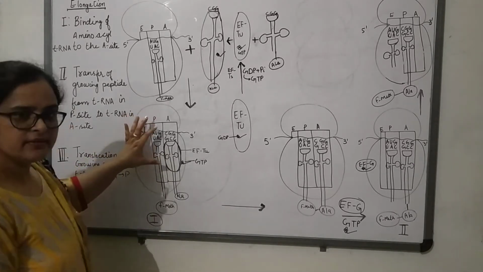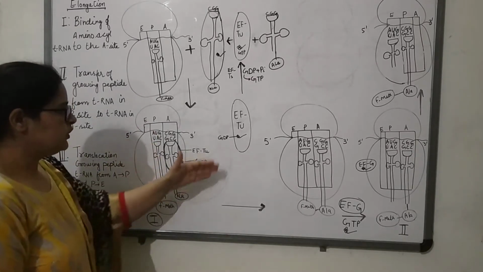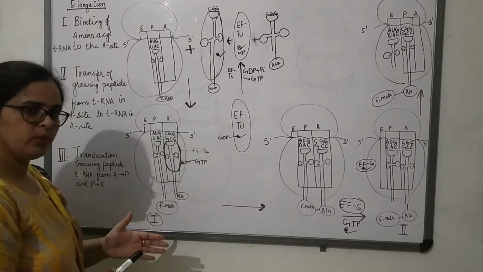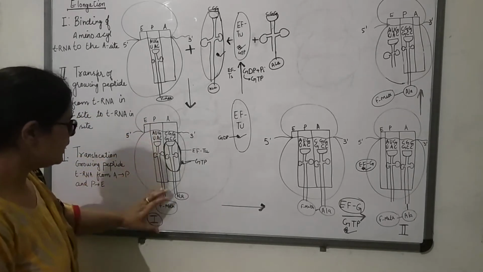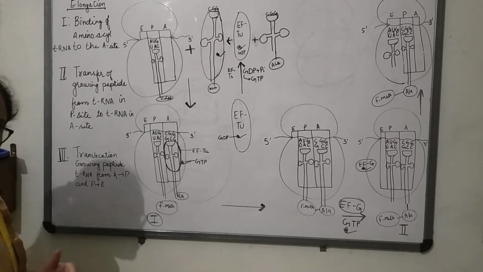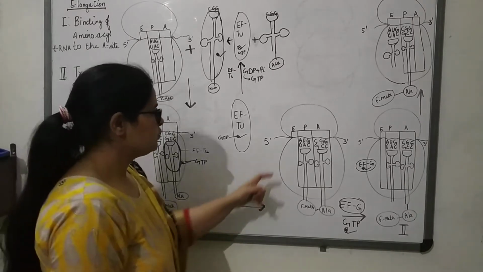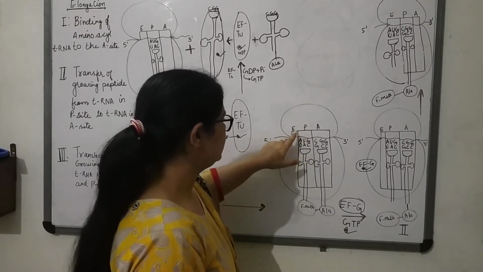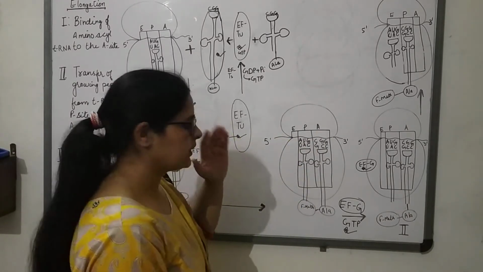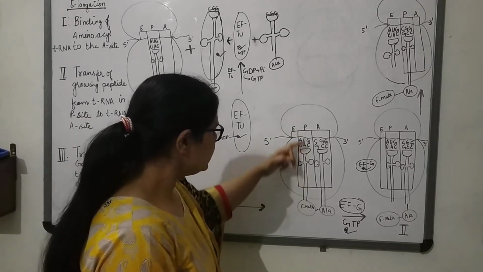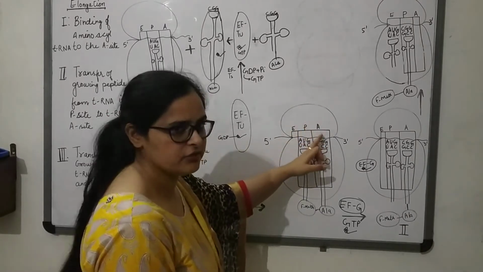The P site is where further processing occurs, where the incoming amino acid attaches. The second step is the transfer of all the amino acids growing during elongation to the A site. We have the E, P and A sites, and according to the second step, all the amino acids present at the P site should transfer to the A site.